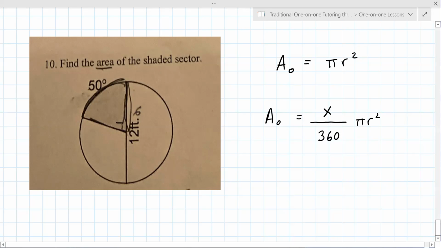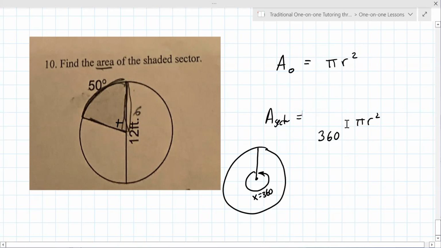If you go all the way around the circle, your x is 360, and you can see that 360 over 360 cancels out, and you just get pi r squared. So this is really the area of a sector. It's the angle out of 360. You can just say angle over 360 times pi r squared.